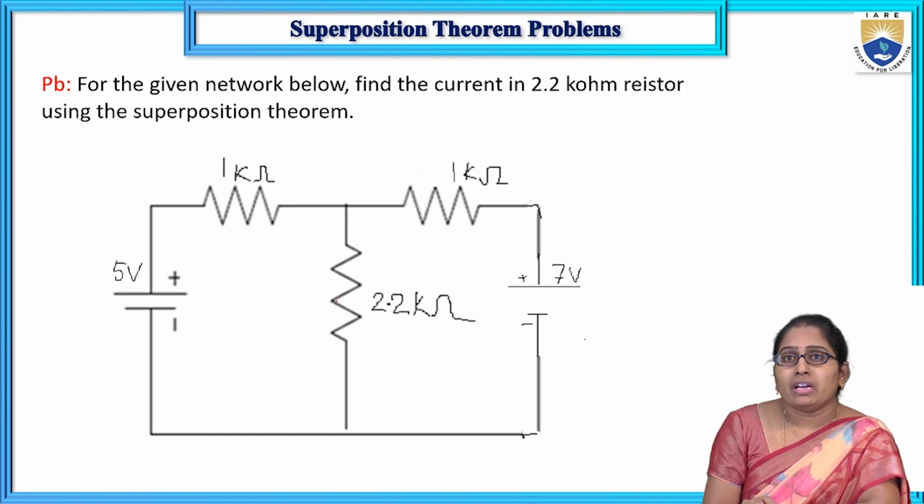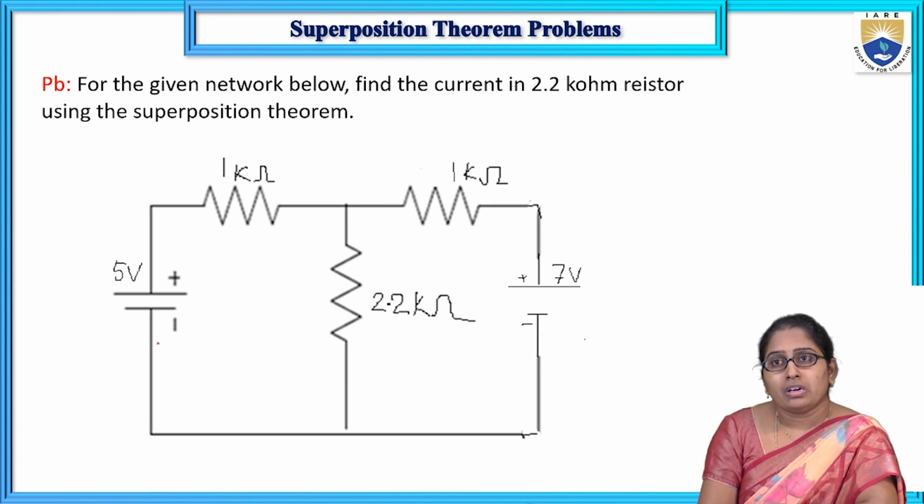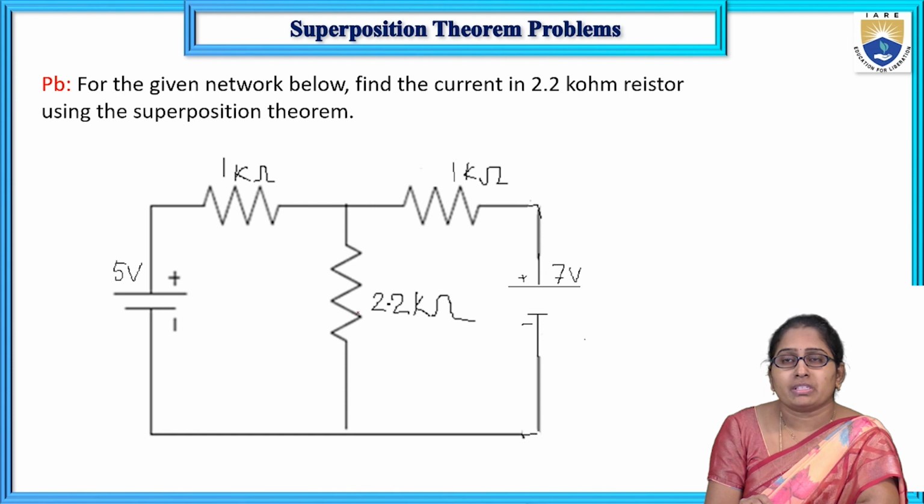Then we consider individual sources in operation while other sources are non-operative. That means we consider only the 5 volt source in operation, and the 7 volt source we replace with its internal resistance, that means a short circuit, and we find the current in the 2.2 kilo ohm resistor.